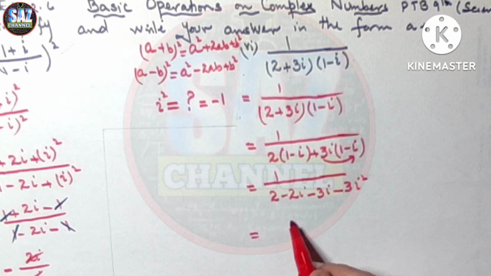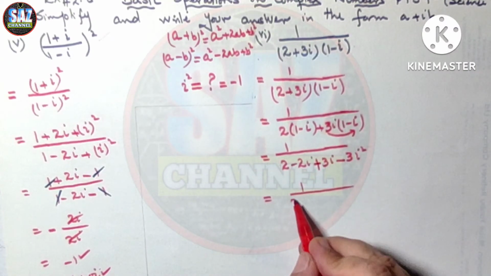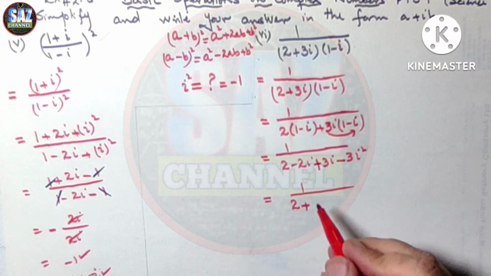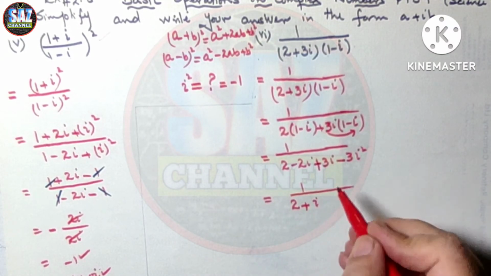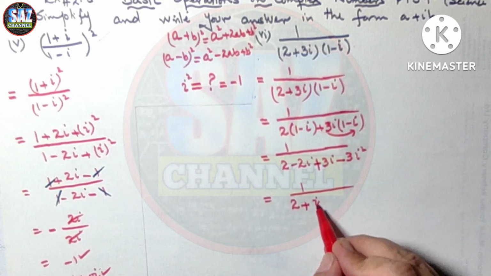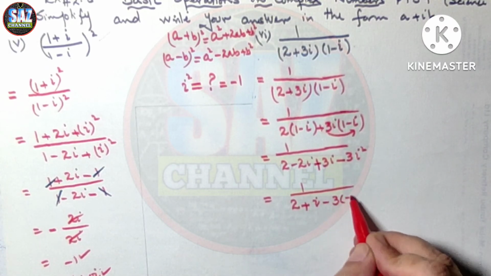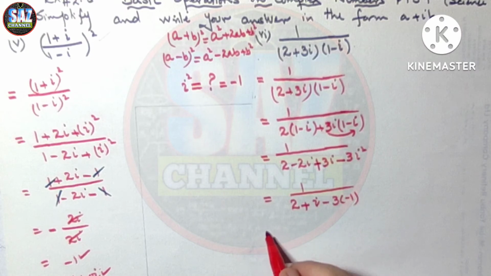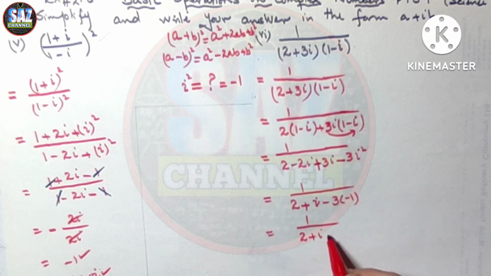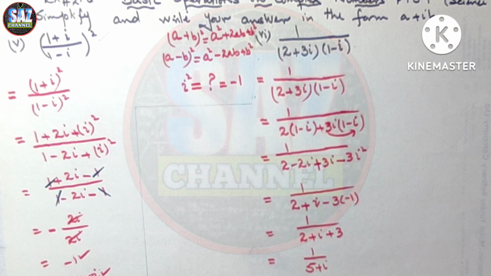This will take the form 1 over 2 plus iota, and iota square is minus 1, so 1 over 2 plus iota plus 3. So it will become 1 over 5 plus iota. Now our question has a single denominator.